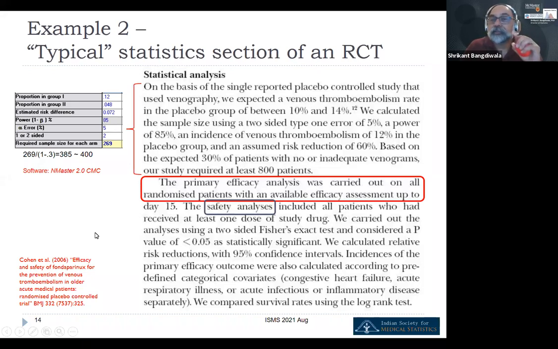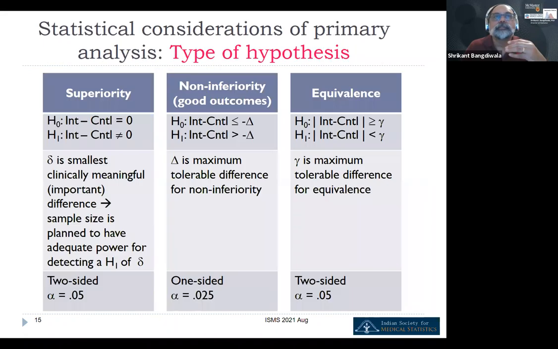The other thing that determines the analysis, besides the type of outcome variable, is the type of hypothesis. So we talked yesterday about the superiority hypothesis, the non-inferiority hypothesis, and the equivalence hypothesis.